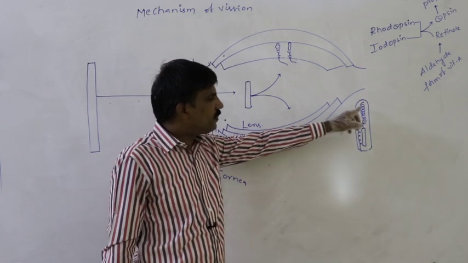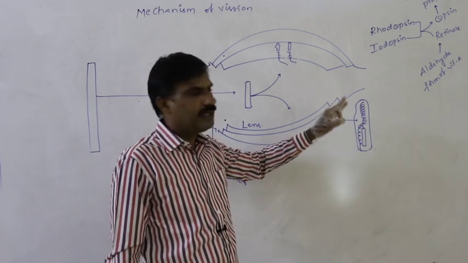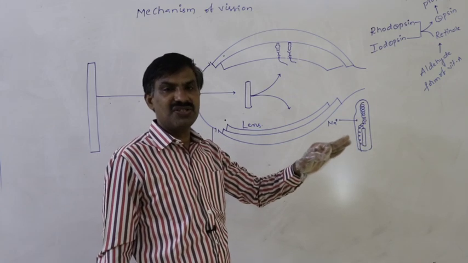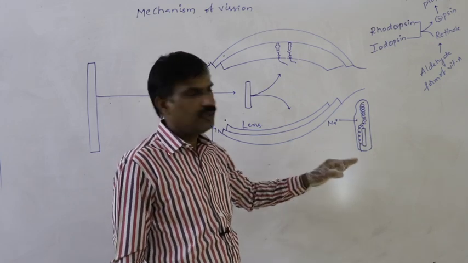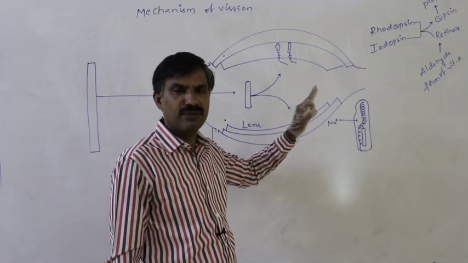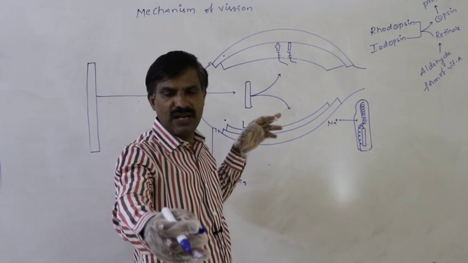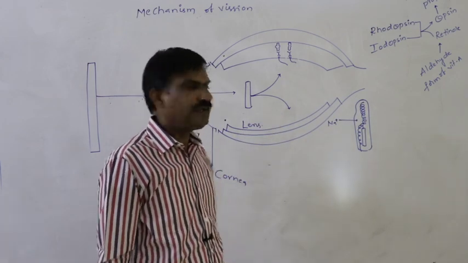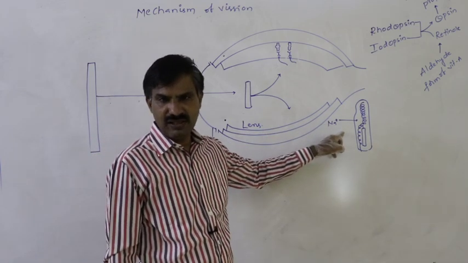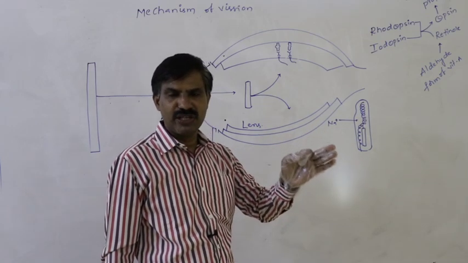Whenever this opsin is dissociated from the retinol, the opsin structurally changes, that means it becomes elongated. By that way, this photoreceptor cell becomes elongated. By that way, the membrane of the photoreceptor cell becomes very thin. By that way, inward movement of sodium takes place into it.